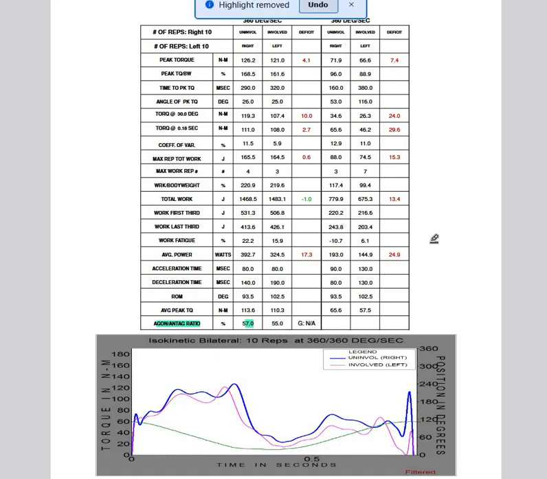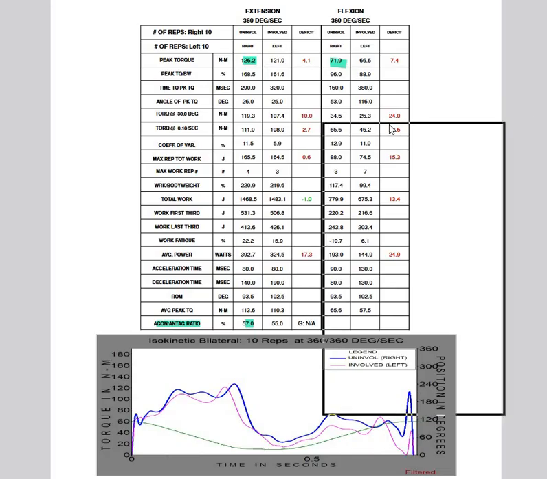The value that we get here for the right leg has been calculated very simply as the peak torque for right knee flexion, being 71.9, might as well call it 72, and we've divided that by the peak torque that we recorded for the right knee extensors.